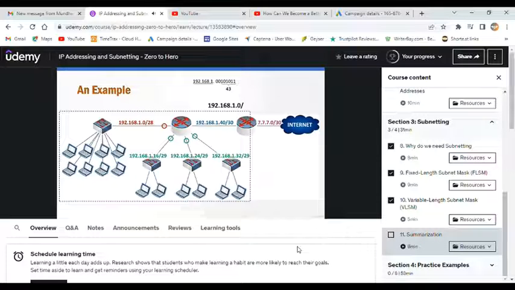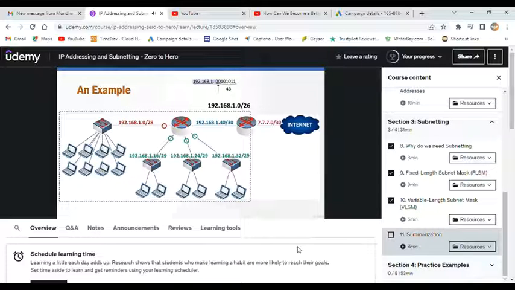That means that the number of bits that are always the same in all of our subnets is going to be 24. So this is 24 plus the 2 bits from the fourth octet. So that's 26.